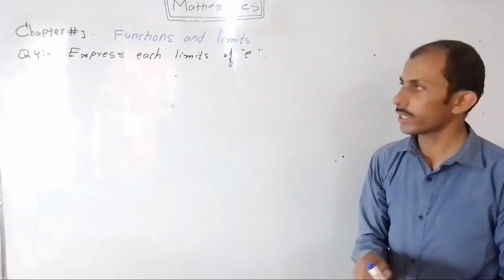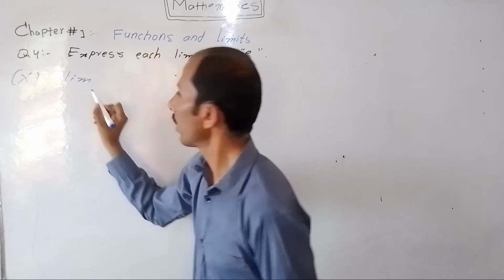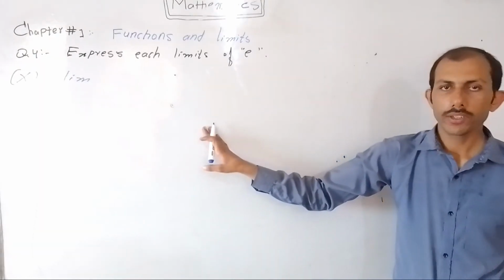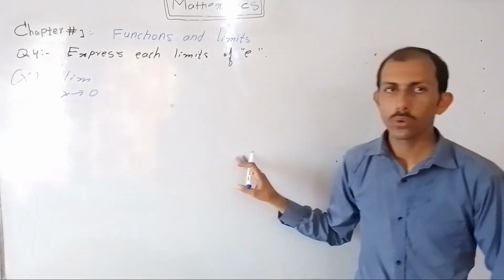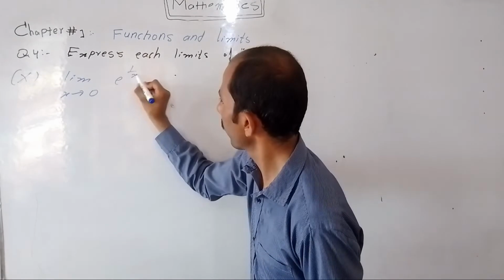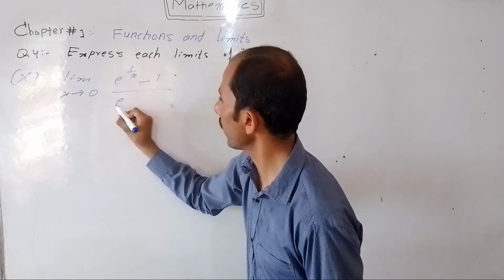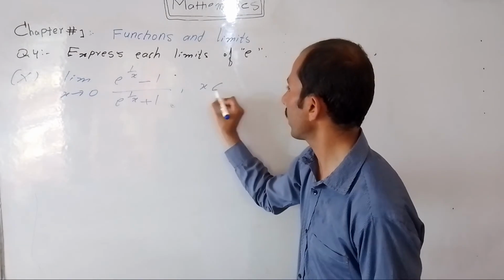Part number 10, that is, limit x approaches 0 of (e power 1 divide x minus 1) divided by (e power 1 divide x plus 1), where x less than 0.